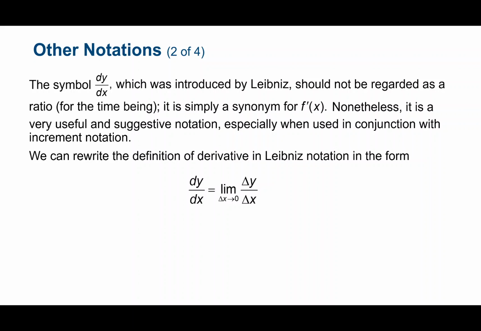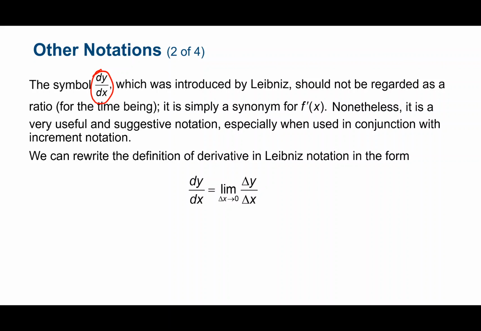So the dy dx notation, that one comes from Leibniz. And right now, we can just think about this dy dx as just being all one thing. And it just stands for derivative. Fine. So in that case, you could say dy dx means exactly the same thing as f prime of x. No problem.